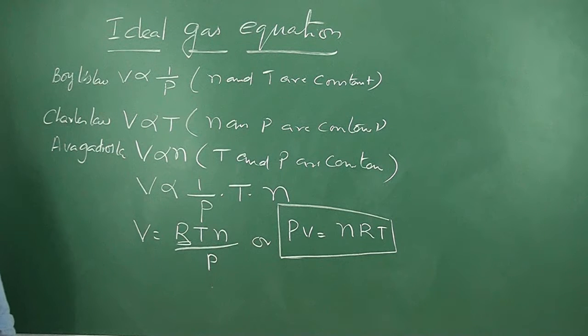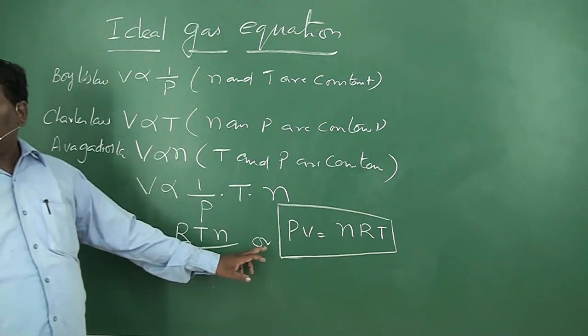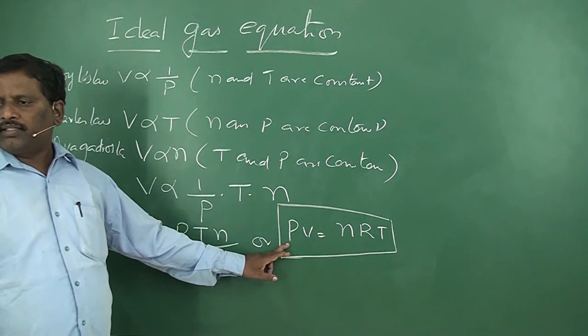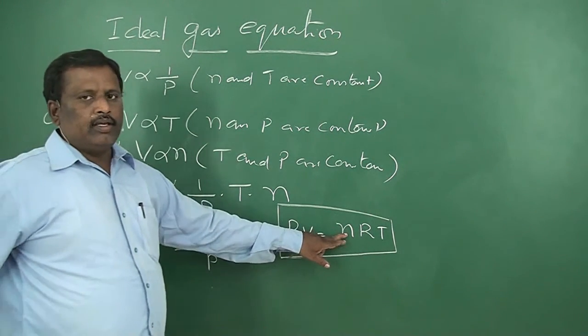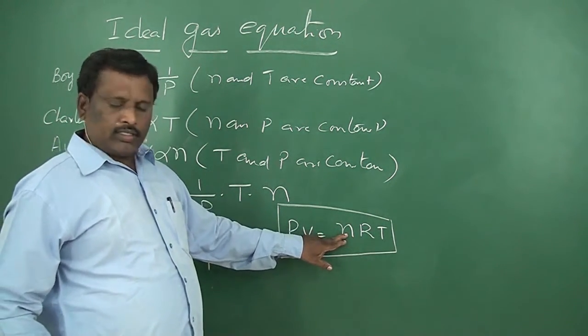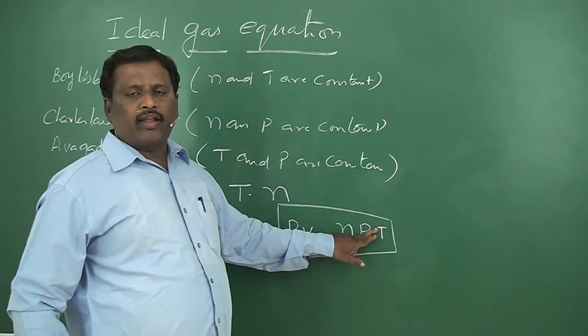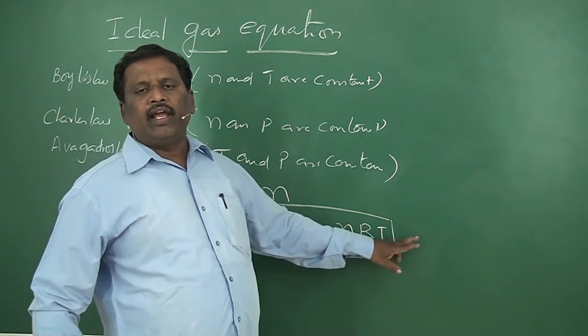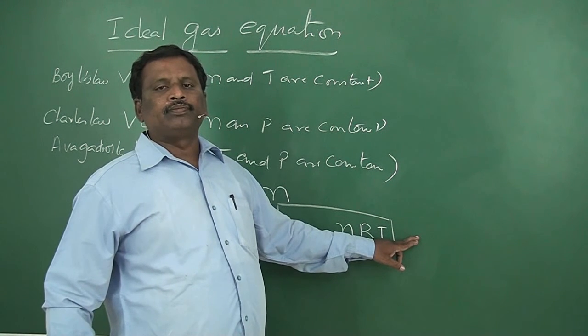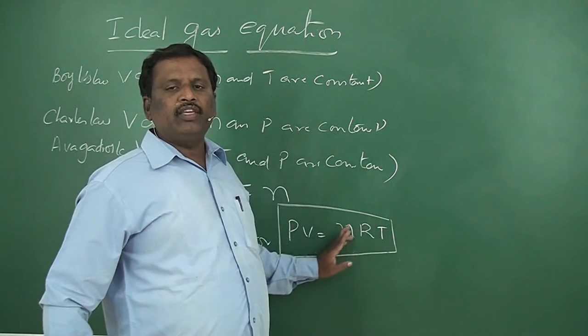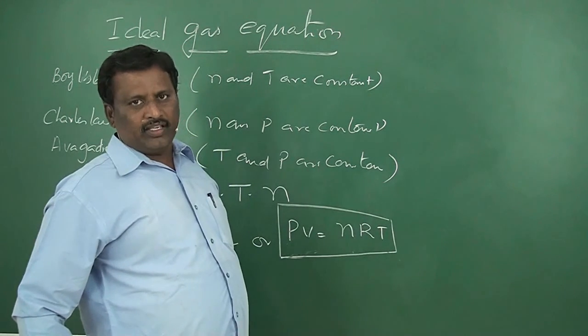PV is equal to nRT, where P is the pressure of the gas, V is the volume of the gas, n is the number of moles, R is the universal gas constant, and capital T is absolute temperature. So PV is equal to nRT.